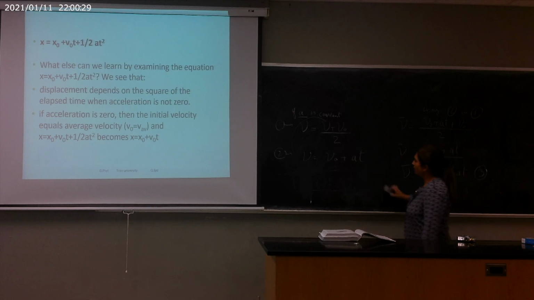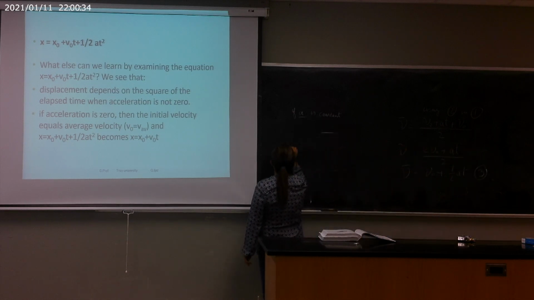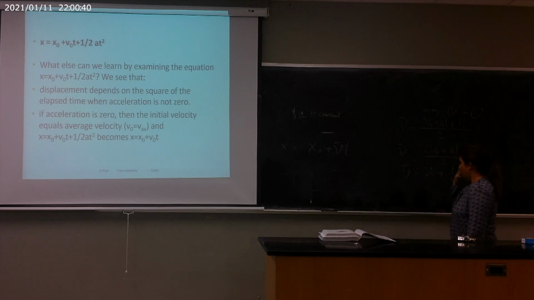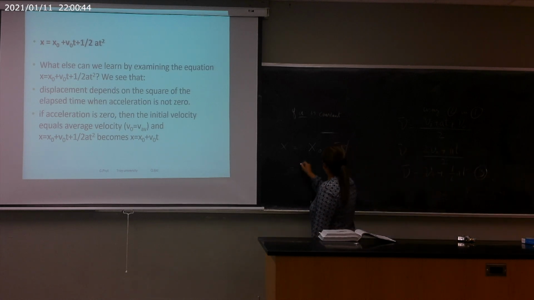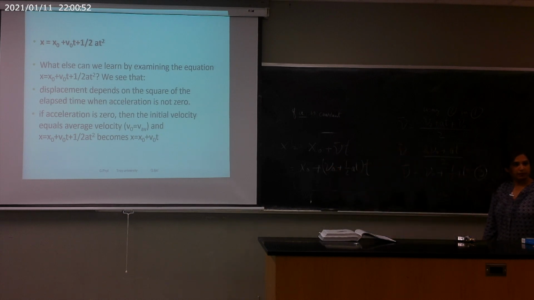Now using V average in this equation, x is x naught plus V naught plus half AT, multiplied by T. Good?